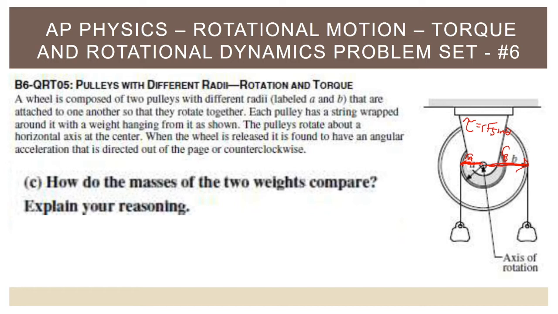And so we're going to say that the angle is 90 degrees. Of course, the sine of 90 is 1. And so that means the torque is the product of that position vector length and the force. And so clearly you can see here that the position vector length for A is much shorter than the position vector length for B. That much should be obvious to everybody.